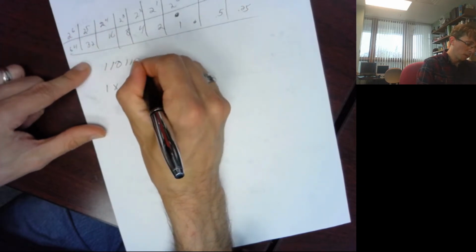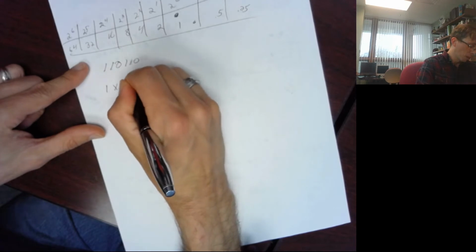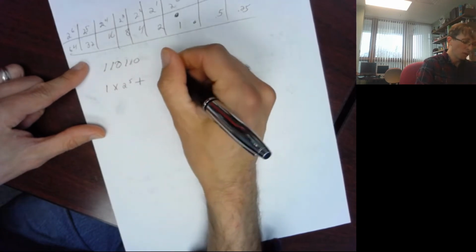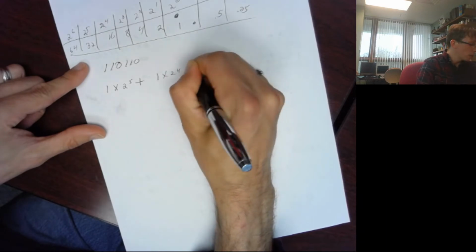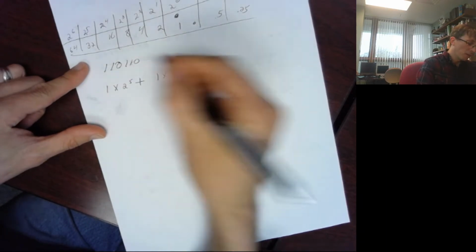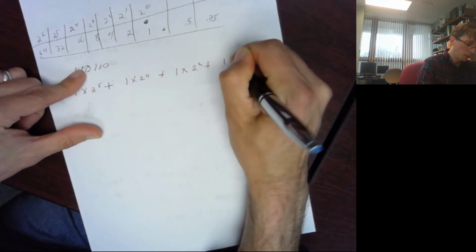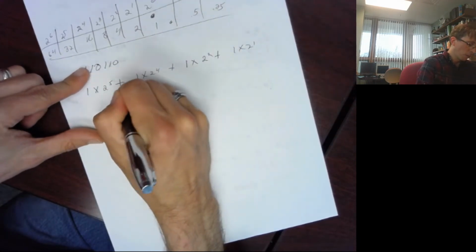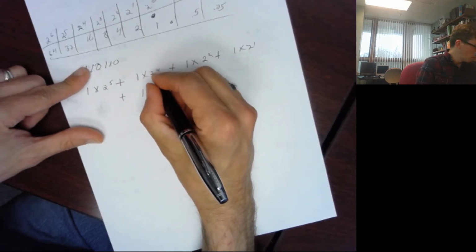Here's 2 to the 0, 2 to the 1st, 2 to the 2nd, 2 to the 3rd, 2 to the 4th, 2 to the 5th, right? So we say 1 times 2 to the 5th, and then 1 times 2 to the 4th, and if it's 0, we just leave it out. 1 times 2 to the 2nd plus 1 times 2 to the 1st plus 0 times 2 to the 0.